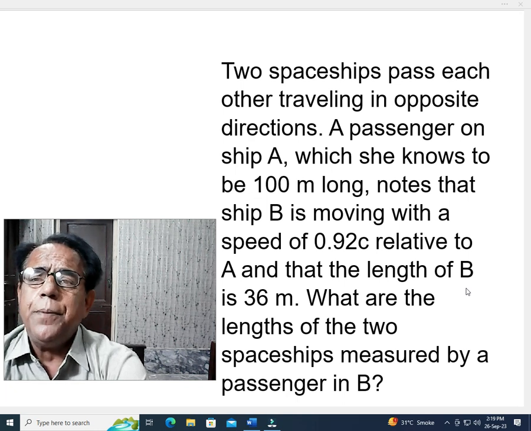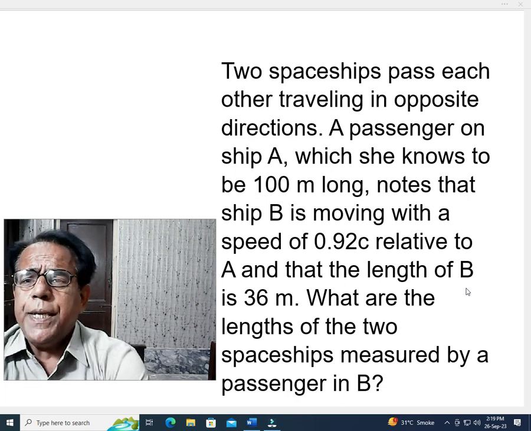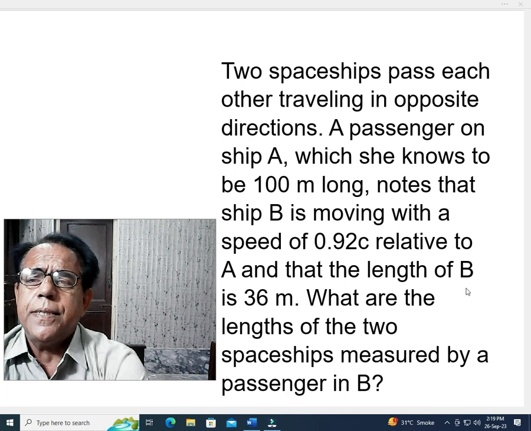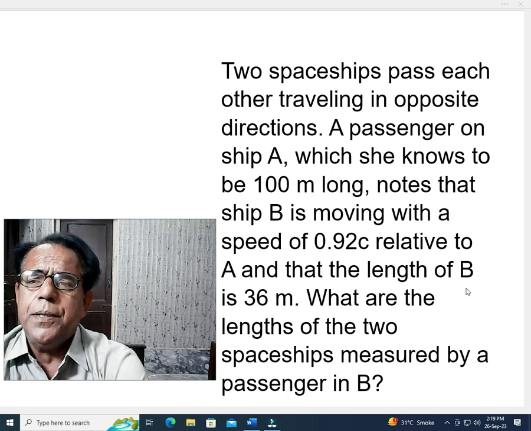That is to say, approximately 92% of the speed of light, relative to A, and that the length of B is 36 meters. What are the lengths of the two spaceships measured by a passenger in B?